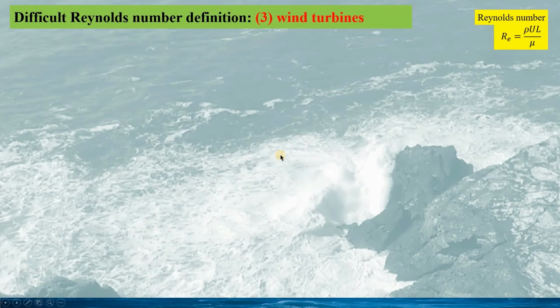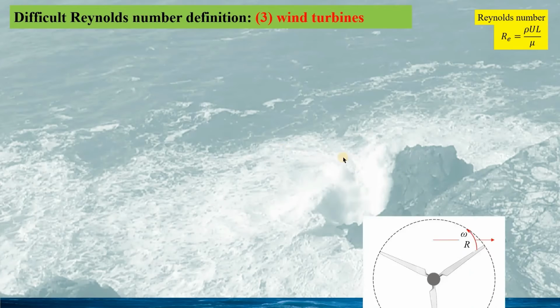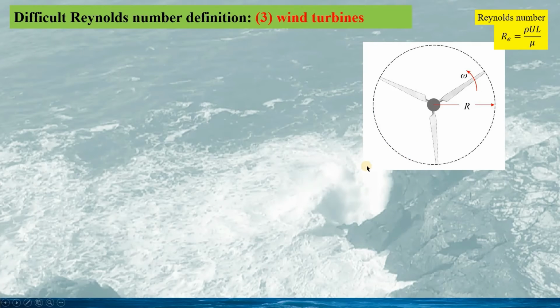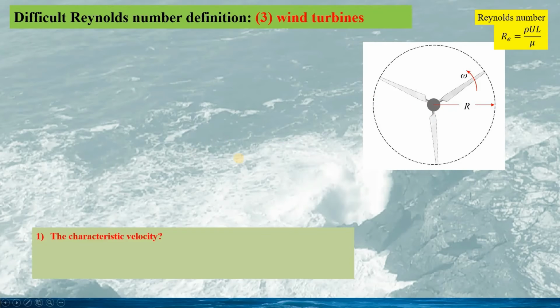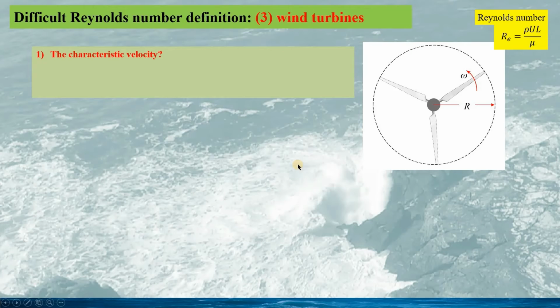The third example is the Reynolds number for a wind turbine. Here, we might have problems in both characteristic length and velocity. The first question is, what is the characteristic velocity? In this application, we might have different velocities.